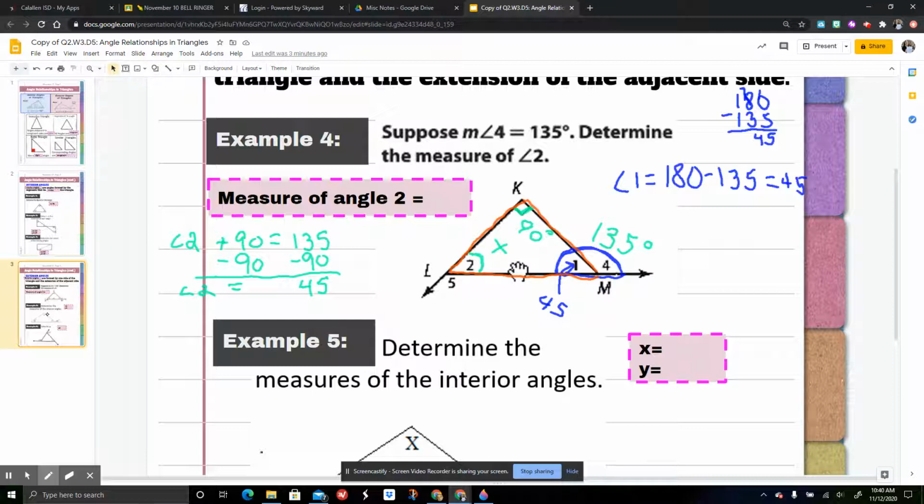So if I didn't know angle 2 yet, I could say, oh, then angle 2 is equal to 180 minus the sum of 90 and 45. And I would have to do the sum first. So 180 minus 90 and 45 is 135. So angle 2 equals 45 degrees.